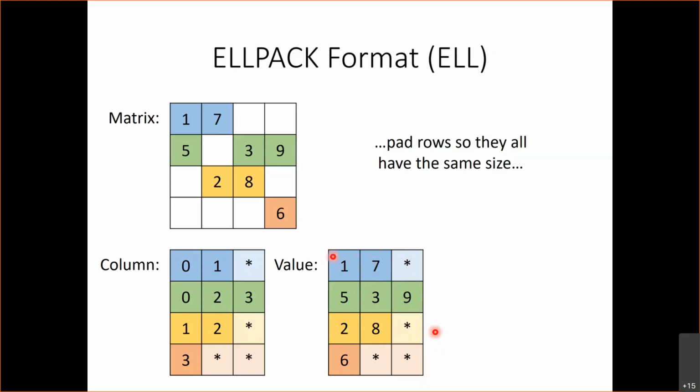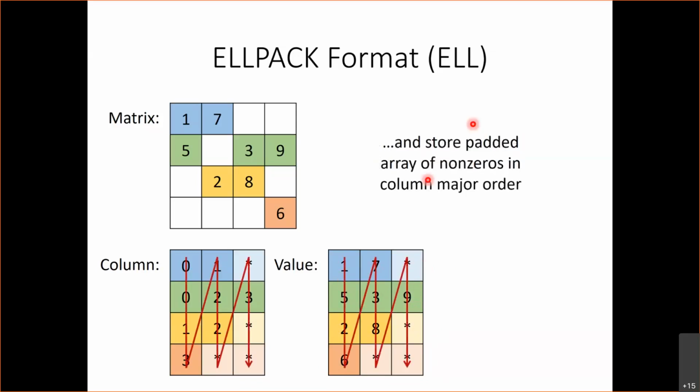Now, after we add these padded elements for each row, such that all the rows have the same number of elements, even though some of these elements are not useful, what we're going to do is store the padded array of non-zeros in column major order.